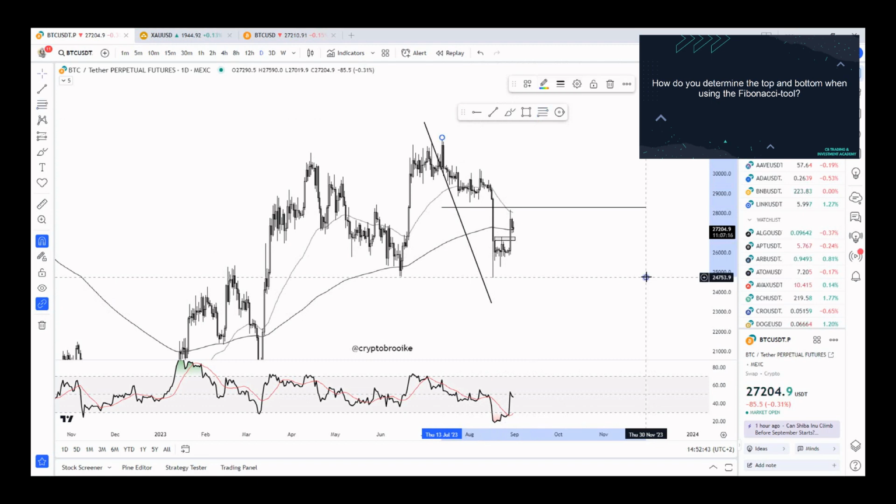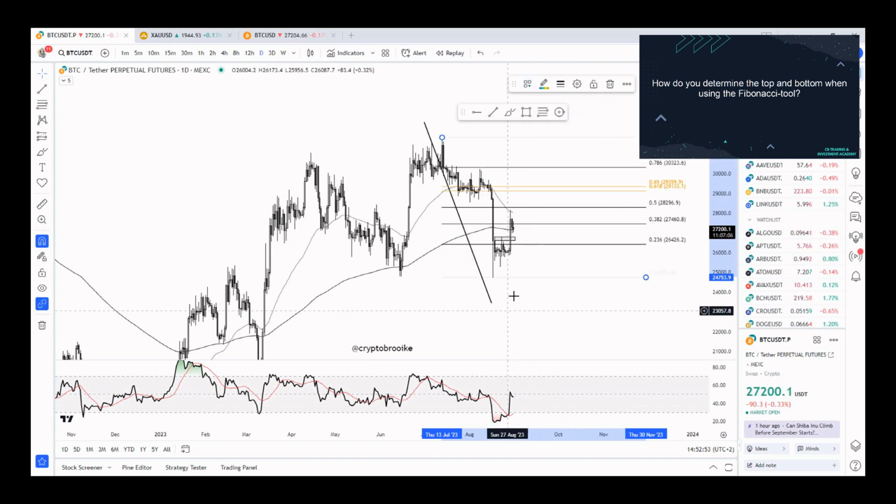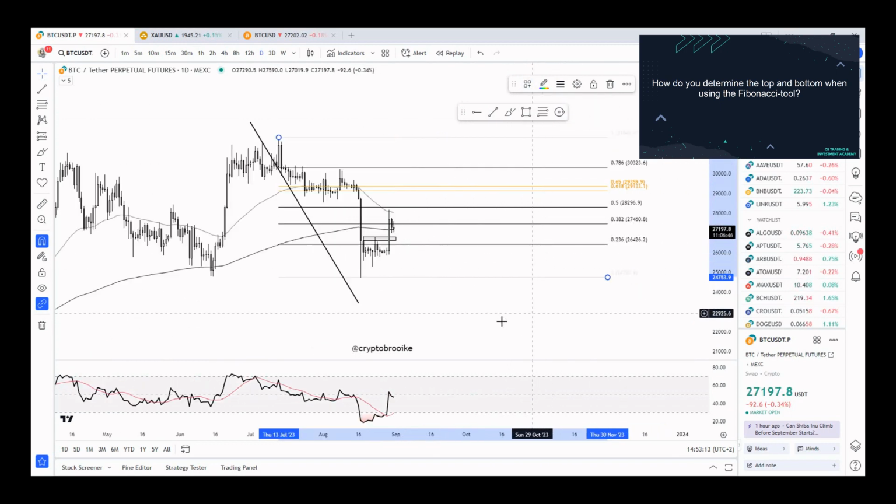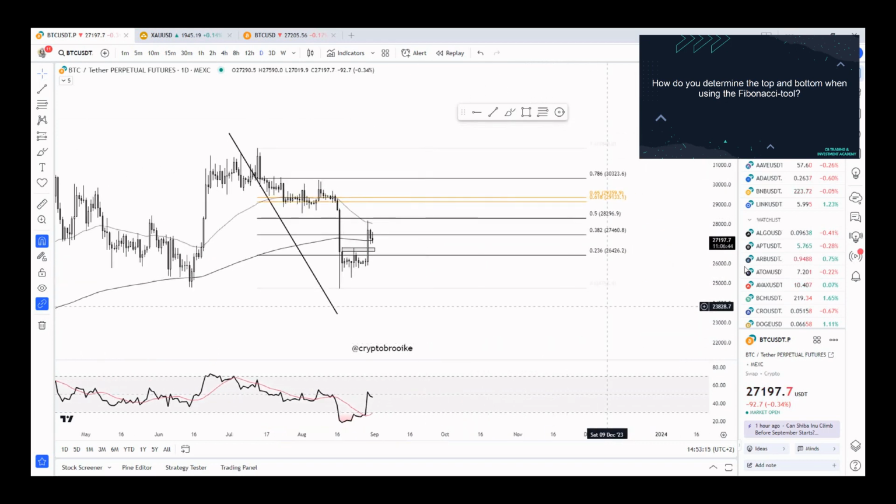So for the extension you use the high before and the low after, and then let's put the golden pocket. As you can see, when I zoom in, make this a little smaller.